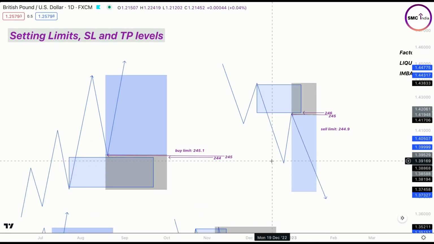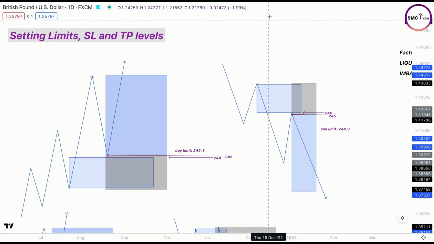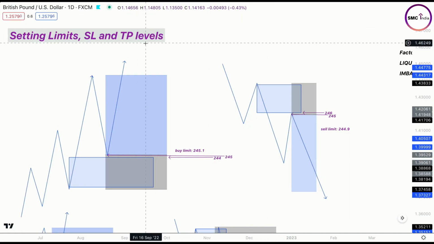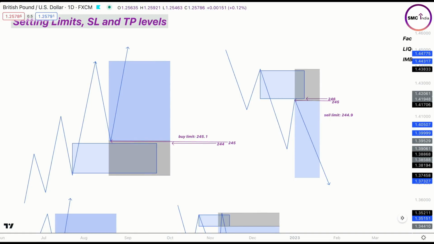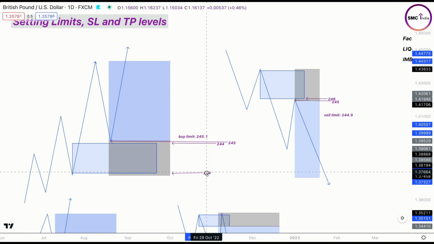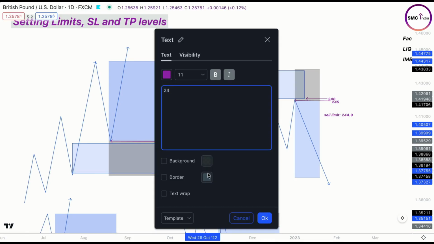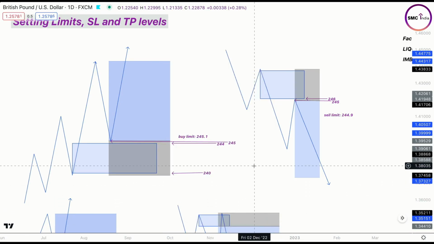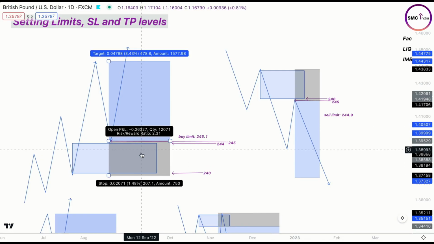And now I'm going to show you how you place your stop loss and take profit levels at important price. So you might see that the price here at the order block might be 240, and there is a high chance that the price comes back to 240 and shoots up. But what happens for most of the cases is that the price moves slightly down because all of the orders did not get activated and then shoots up again.